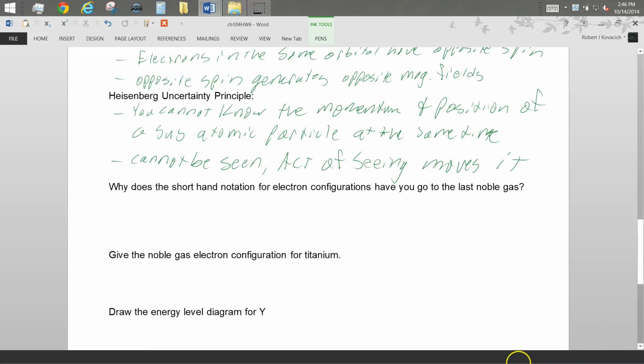Write the shorthand notation for an electron configuration. Why do you have to go to the last noble gas? What do the noble gases have to do with electron configurations?